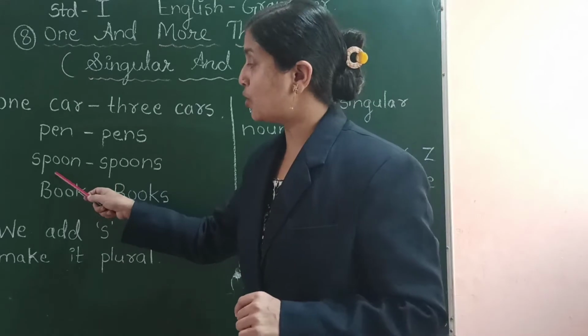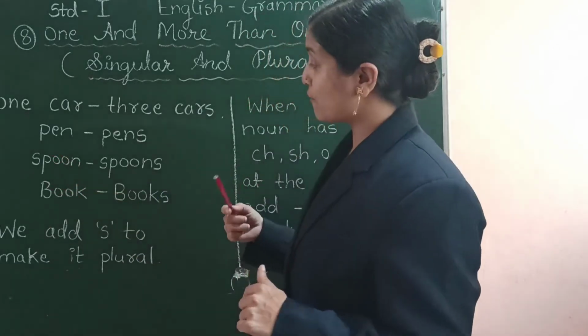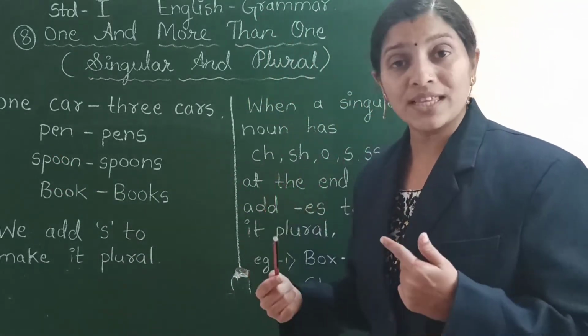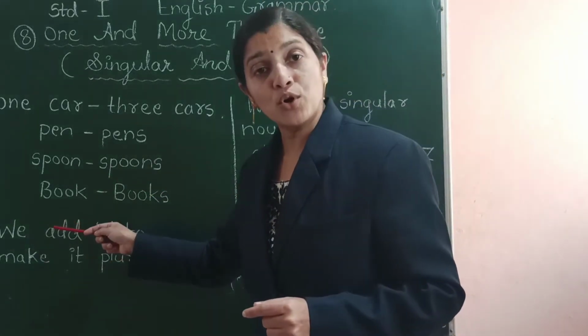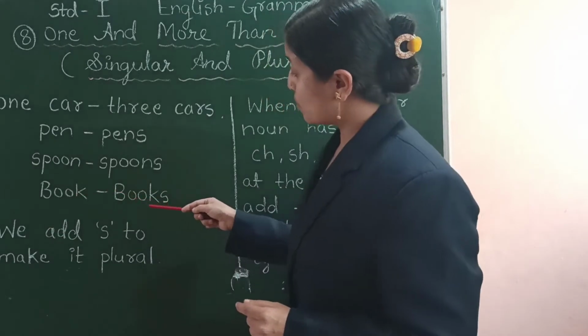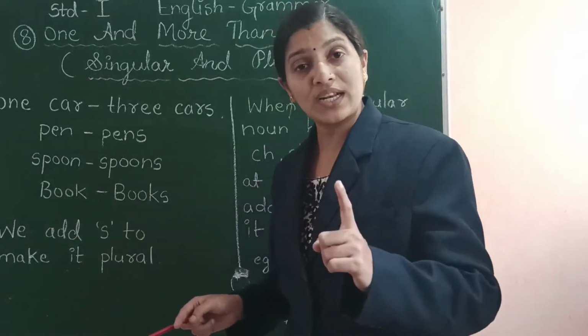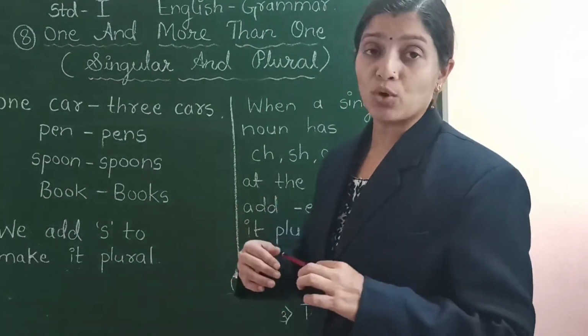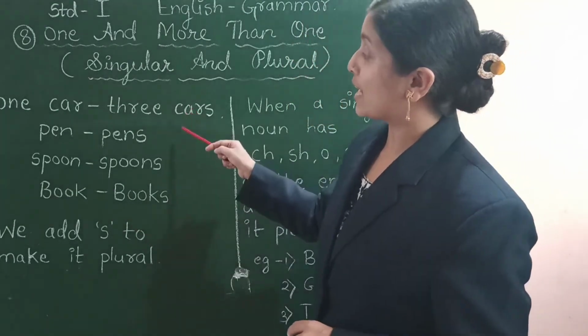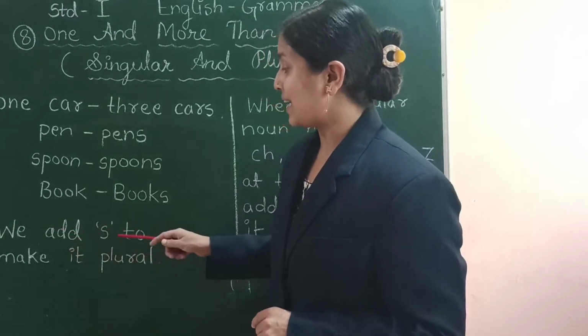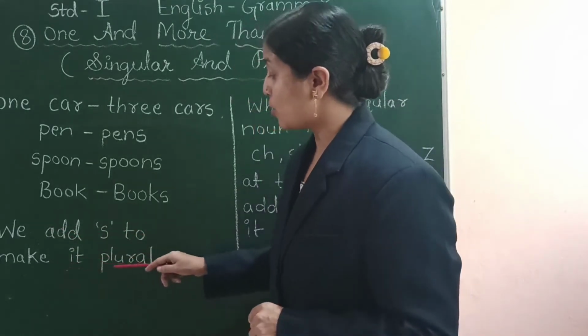Similarly, spoon means one spoon, and if the number of spoons is more than one, I will call it spoons. Similarly for book, book becomes books. So book is one in number, and if it is more than one in number, I will call it books. So what did I do here? We add s to make it plural.